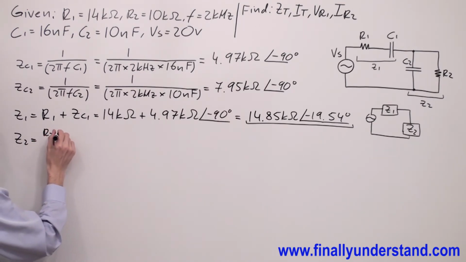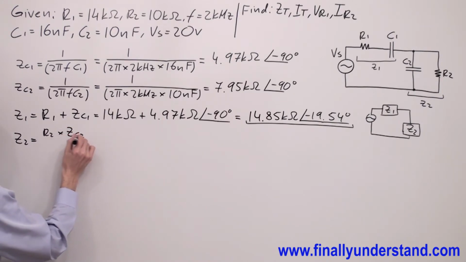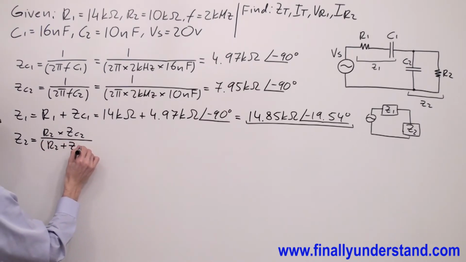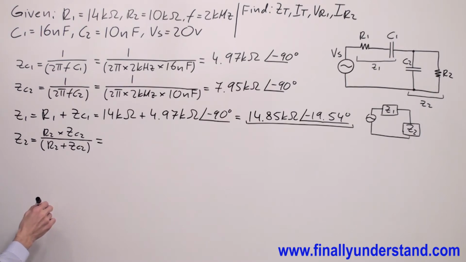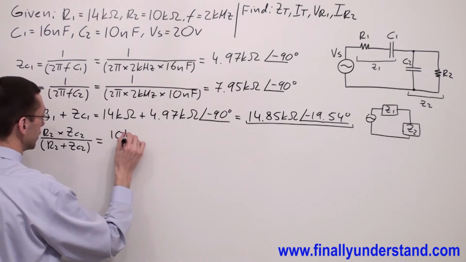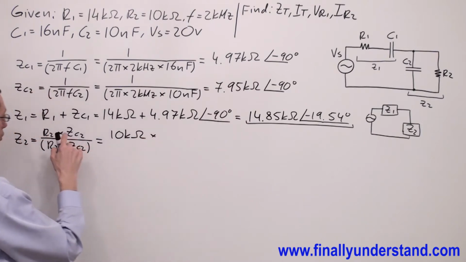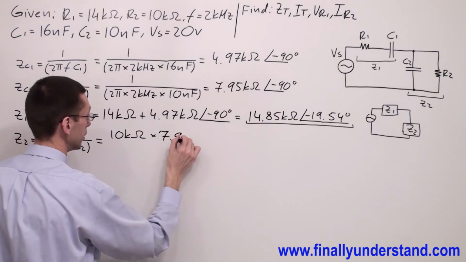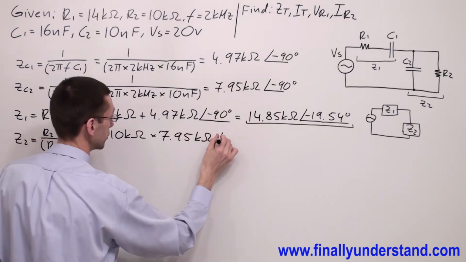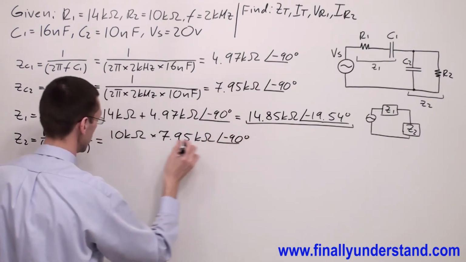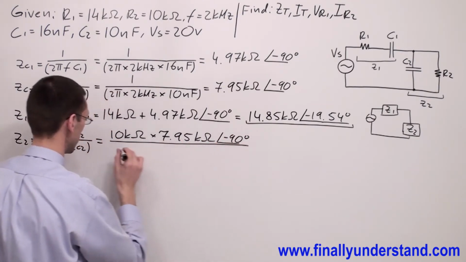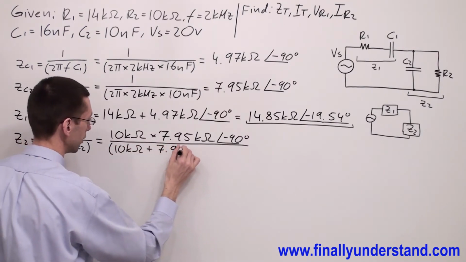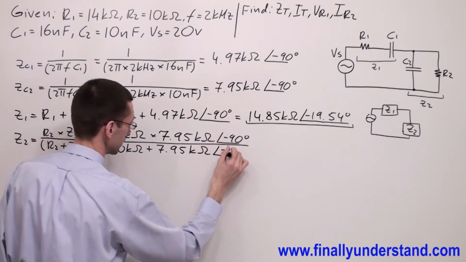So R2 times ZC2 over, open parenthesis, R2 plus ZC2, where R2 is equal to 10 kilo ohms times ZC2, which is equal to 7.95 kilo ohms and angle of negative 90 degrees, over 10 kilo ohms plus 7.95 kilo ohms and angle of negative 90 degrees.